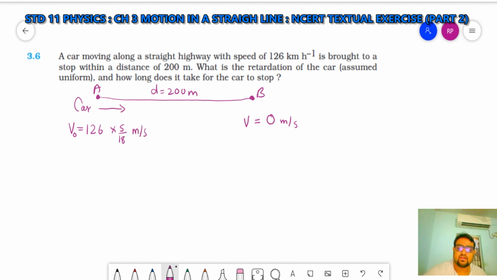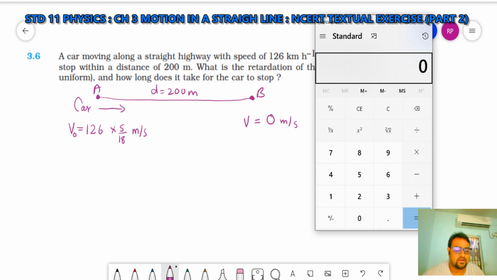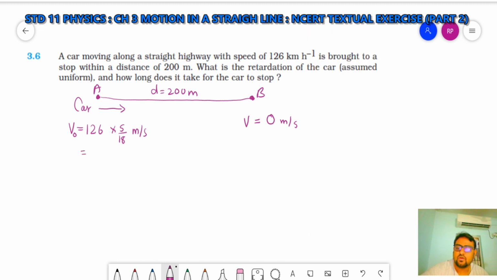So 126 multiplied by 5 divided by 18 is 35. So this will be equal to 35 meter per second.